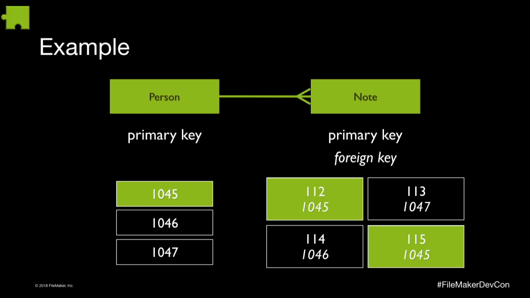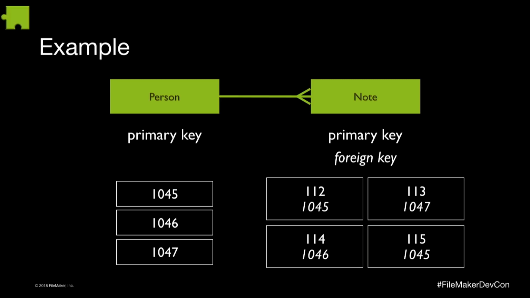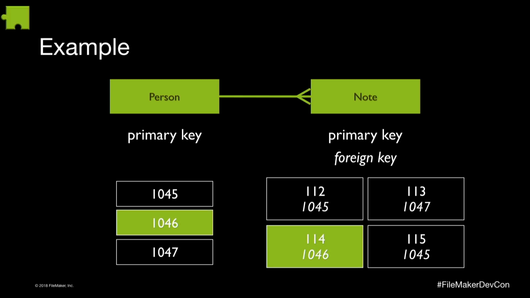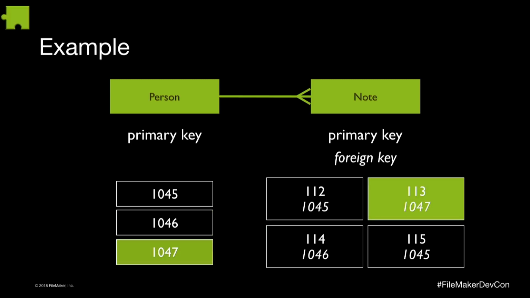It's to do with a link between the primary key of the person and the foreign key of the person in the note. When we look at this person, we can identify a note that belongs to them. And finally, if we look at that note, we can identify the person that it belongs to. So that's how the relationship works. It's how primary keys and foreign keys work.